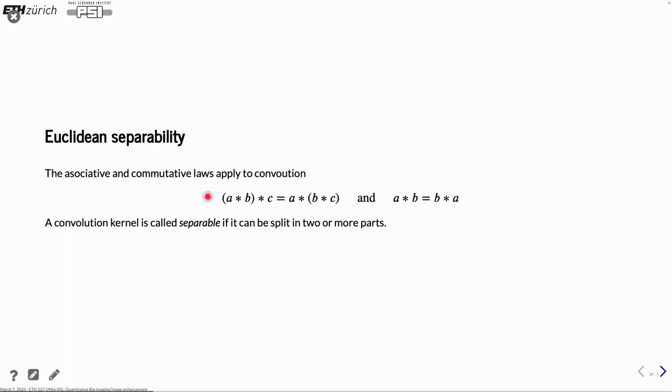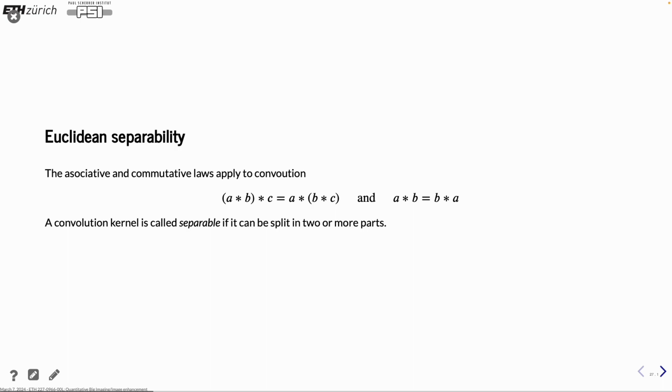So if you have a convolution of 3 different parts, A convolve B convolve C, that is the same: you would convolve this block first, and then with this, would be the same as convolving that one with that block instead. And you can always flip the order of the operators. So this is something you can use if the kernel can be split into several parts.